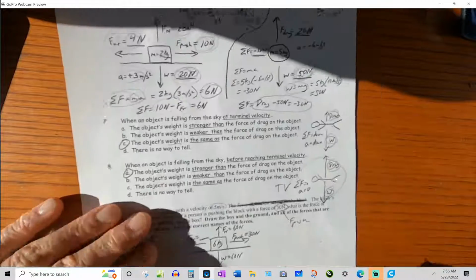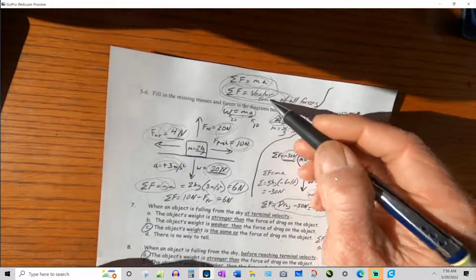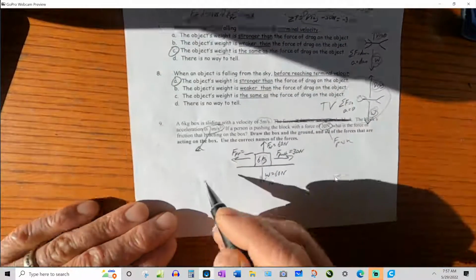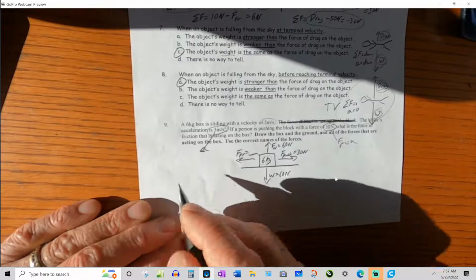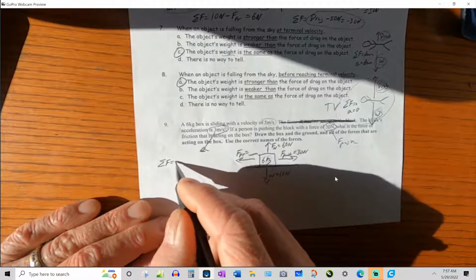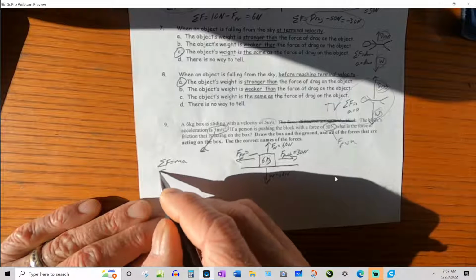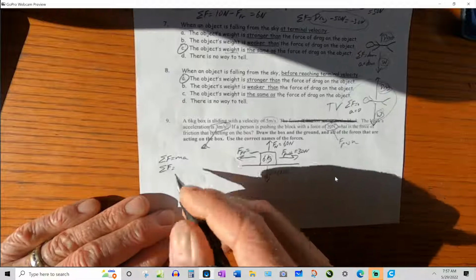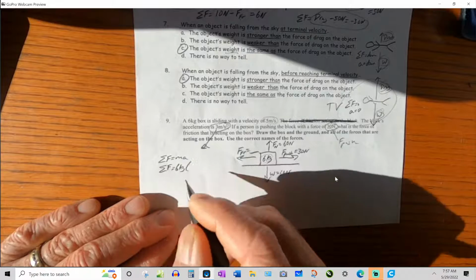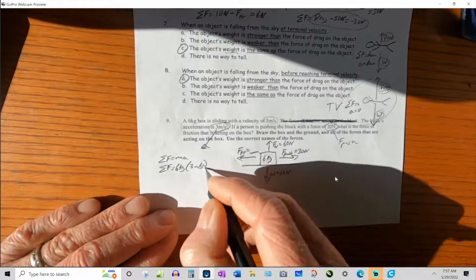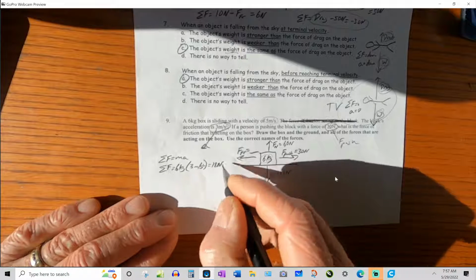So just like what I was saying earlier, we're going to need those two equations. And I'll do F equals ma, see where that leads. So the net force equals the mass of the block, 6 kilograms, times 3 meters per second squared, which is 18 newtons.